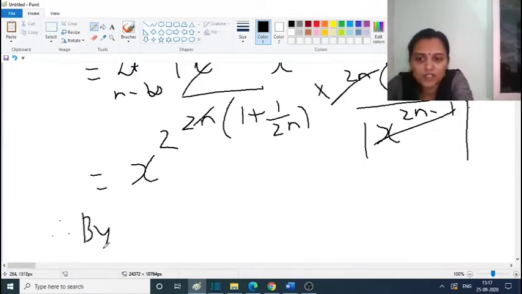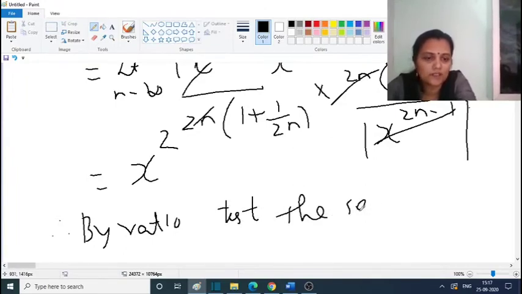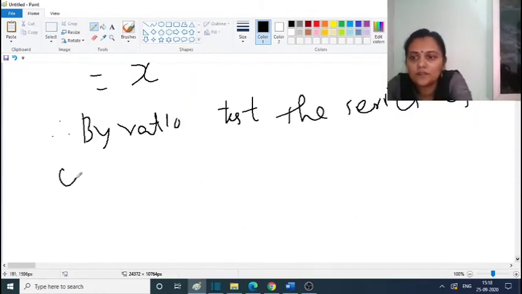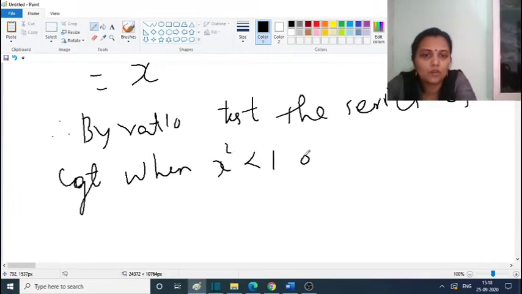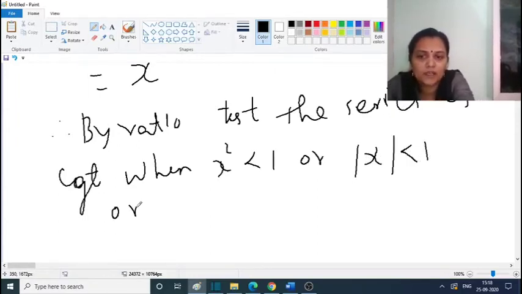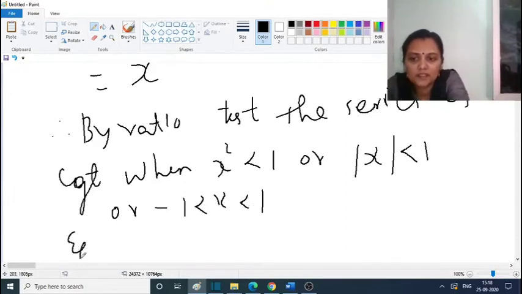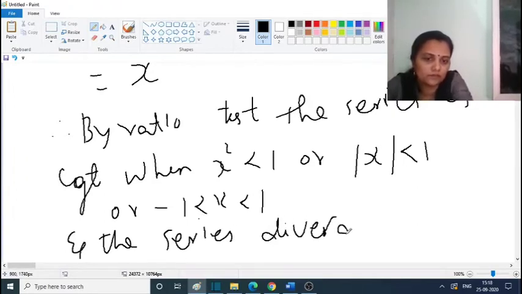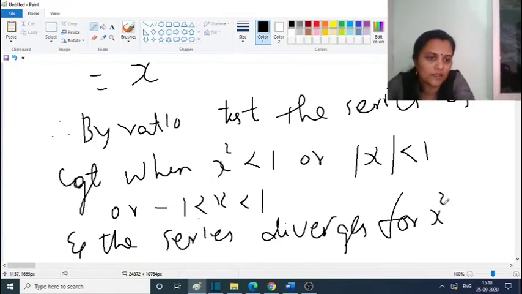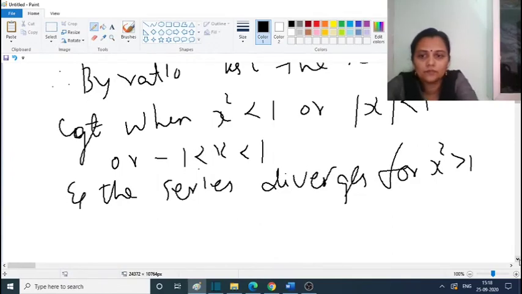Therefore, by ratio test, the series is convergent when x square less than 1, or mod x is less than 1, or minus 1 less than x less than 1, and the series diverges for x square greater than 1, or mod x greater than 1.